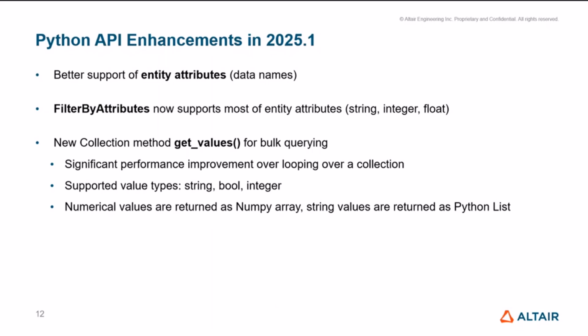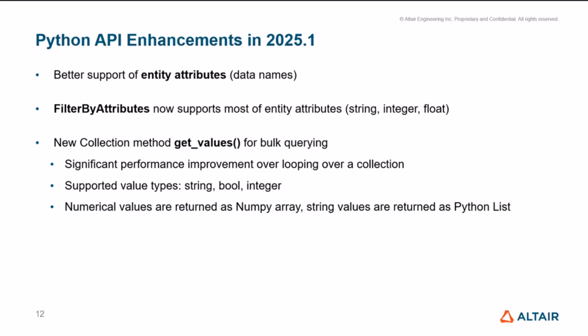On a collection, you've got now access to a new method, getValues. We previously had a method called setItems, which allowed you to define an attribute value across all your entities in the collection. To keep things in sync, we have renamed that method to setValues, and now getValues allows you to query these attribute values, which means that you don't have to loop over your collection.